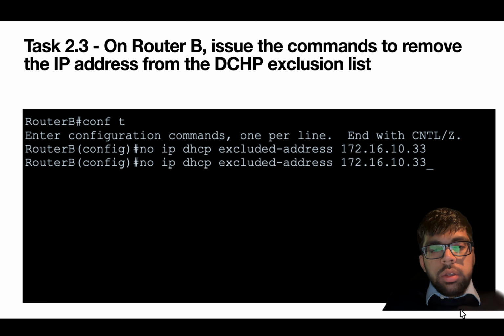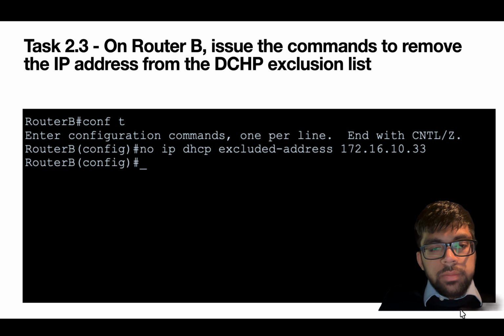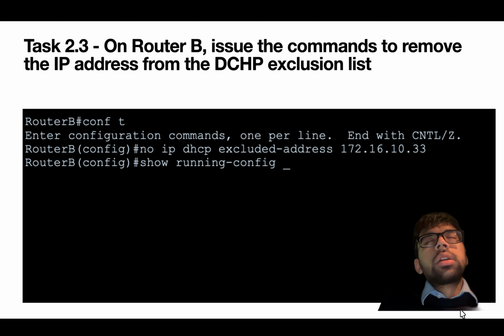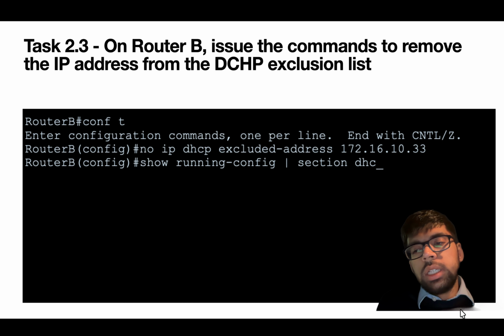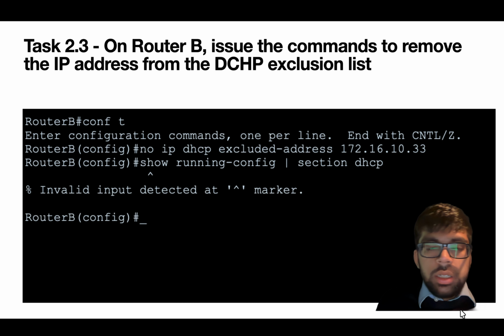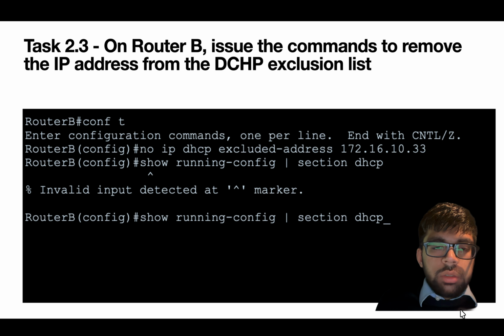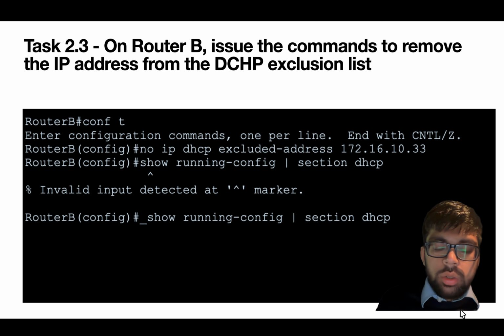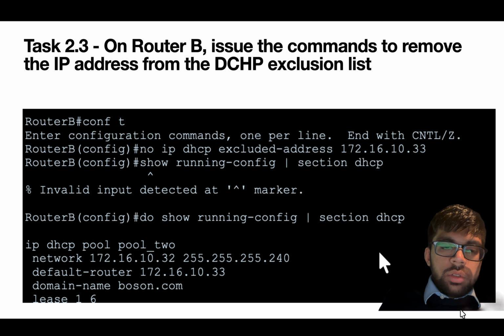And now let's go back into global configuration mode. Show running config, pipe section DHCP. Oops, sorry, wrong mode. Let's go back and do it in front of that.